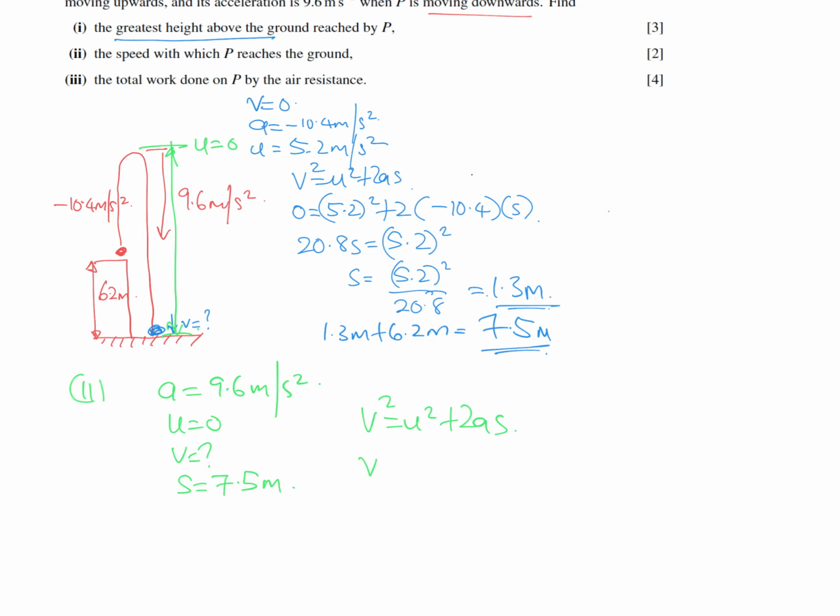And v is unknown, so v equals the square root of 0 squared plus 2 times 9.6 times 7.5. Use your calculator. And the answer is 12 meters per second.